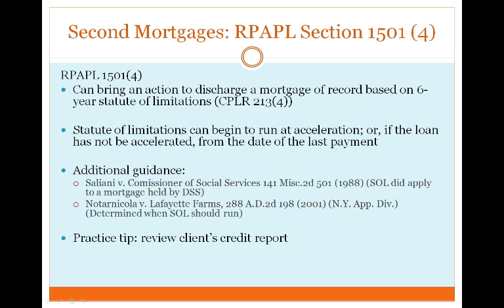And you're basically asking the court to discharge the mortgage of record that's referenced in the complaint. You'll want them to declare that the remaining balance of the debt, if any, is satisfied, and that the defendant in this case, the second mortgage, be prohibited from asserting any claim by virtue of the mortgage or mortgage debt discharged herein.